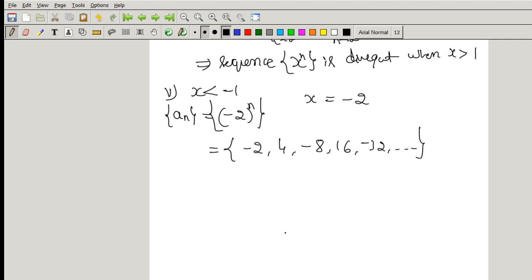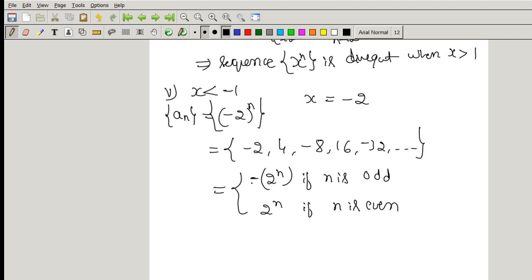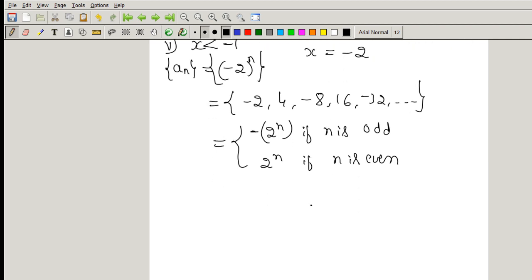Then this can be written in the form of subsequences: minus 2 power n if n is odd, and 2 power n if n is even. To check whether this sequence is convergent, we find the limits of the subsequences.